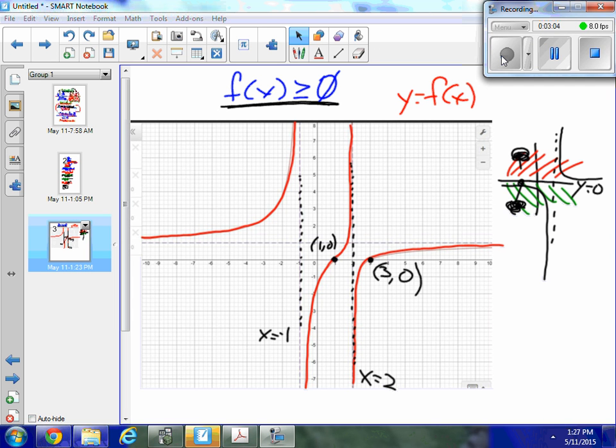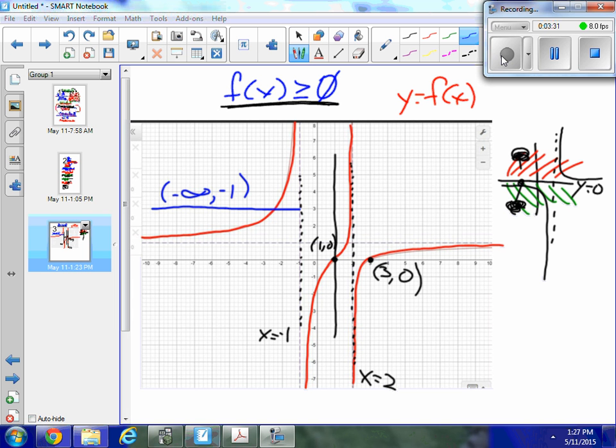So my graph has been divided into some intervals. One interval goes all the way to here. It goes from negative infinity to -1. And then another interval, let's make it a nice block right there.